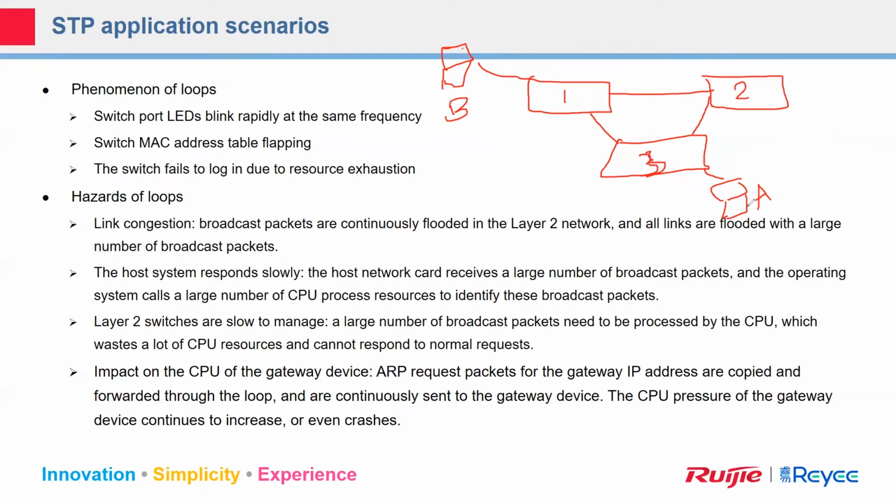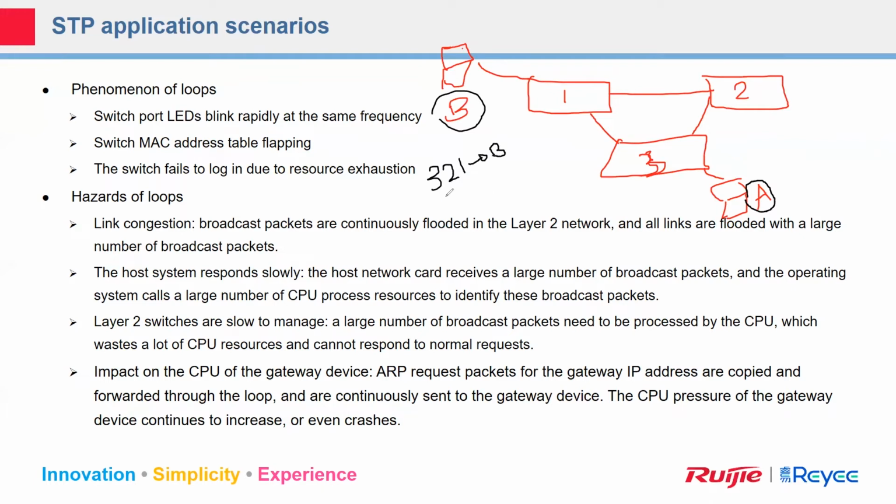Okay, let's say PCA wants to send some traffic to PCB. How many ways could it reach PCB? 2 ways. The first way is 3, 2, 1, and then PCB.